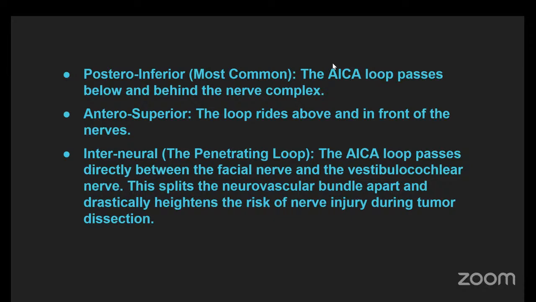I have included a chart at the end of this session for easier understanding of the anatomical relationships, but you need to know the most common position of AICA. Usually AICA passes below and behind the nerve complex. What does that mean when I say below and behind, if I am doing a retrosigmoid approach?